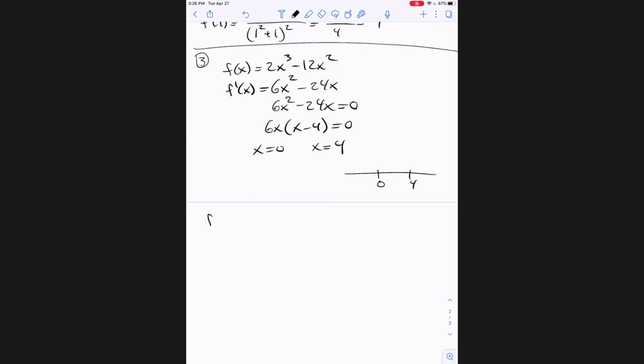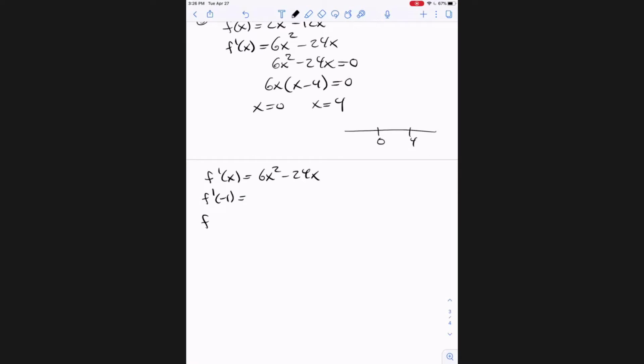And you're going to pick a representative value from each region and plug it into the first derivative. Why? Because the first derivative tells you if it's increasing or decreasing. So pick a value to the left of 0, I'll pick -1. In the middle region, I'll probably pick 1. That's the easiest. And then the right side, I'll pick 5. So you guys go ahead and finish this if you haven't done so already, and I'll catch up in a minute.